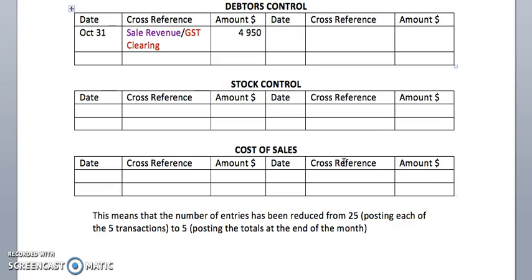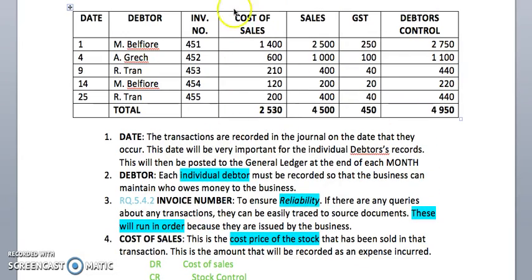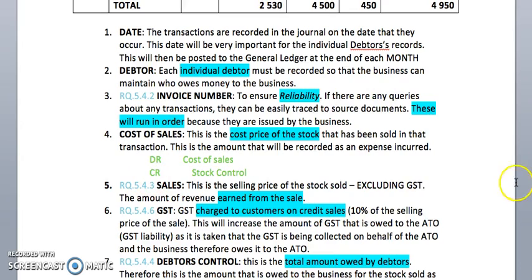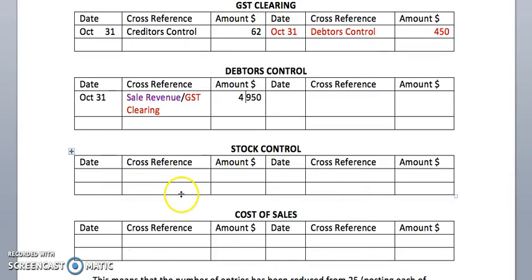Now on the other side of this, we've got our stock control. So this is what is used for here. So our cost of sales, 2,530. So we know it's here, 2,530. So our stock control is going down. October 31, we've got our cost of sales, 2,530.